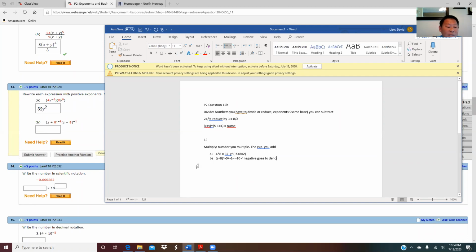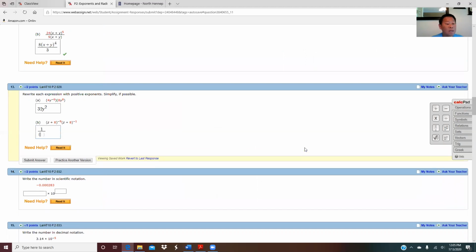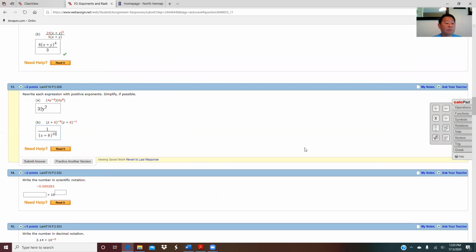So your answer will be 1 over z plus 8 to the power of 10. This is how you put your answer here. So this is how we do question number 13.